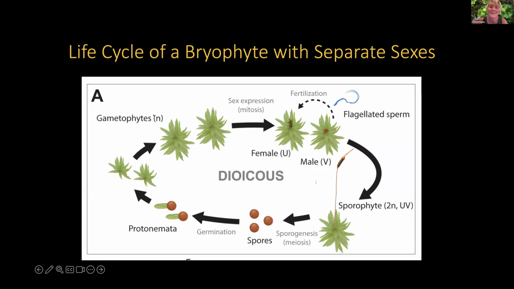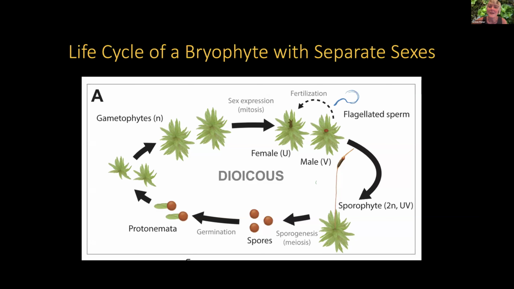So that is the one that only has one set of chromosomes in the cells. The little haploid gametophytes make gametes, eggs and sperm, and they undergo fertilization. If there are separate plants, the sperm has to swim from the male gametophyte to the female gametophyte to fertilize the egg. So they need freestanding water in their environment to do fertilization.